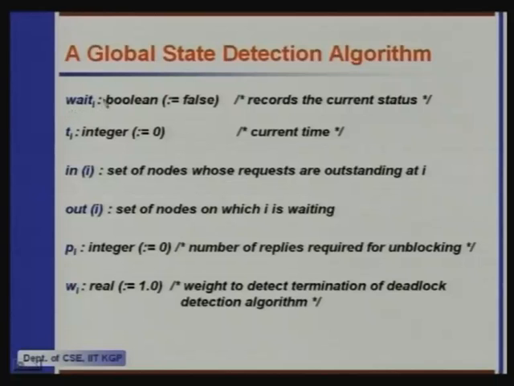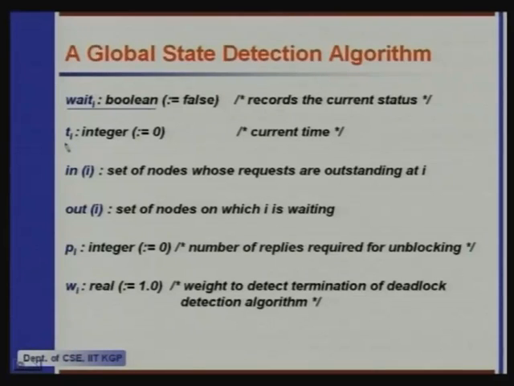For this we have wait i, a boolean, which becomes true when you are blocking, in the sense that you are not getting P out of the Q resources, so you cannot proceed at this point of time. The process i sets wait i equal to true.